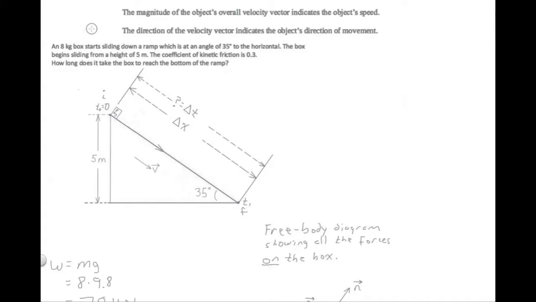That should have been really easy to work out because the object in this case starts sliding down the ramp. The way this problem is worded implies that the box starts sliding from rest. I know they didn't quite put it in so many words, but that's what this wording is supposed to imply.